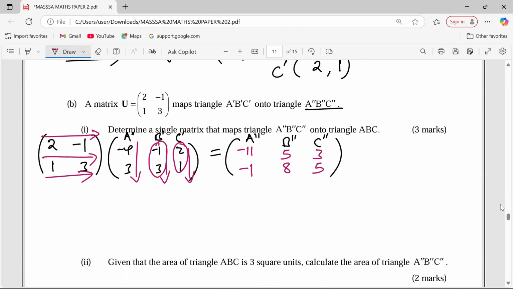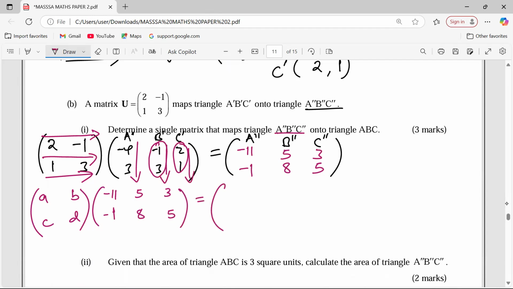Now we are talking of a known matrix, A, B, C, D. According to this question now, we need a single matrix that will map the double image, which is negative 11, negative 1, 5, 8, 3, 5, onto the first triangle.